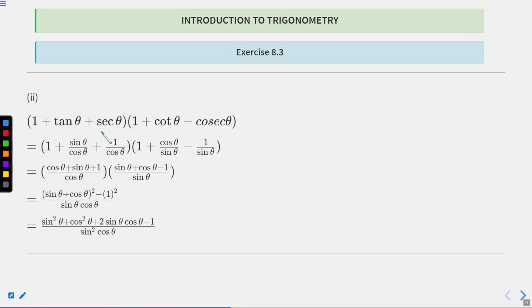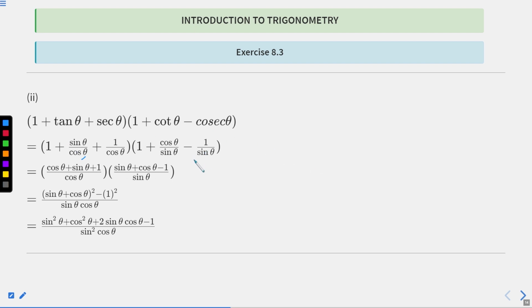So here 1 plus tan theta plus sec theta into 1 plus cot theta minus cosec theta is equal to 1 plus sin theta by cos theta. Why this? Because tan theta is equal to sin theta by cos theta, you know that. So 1 plus sin theta by cos theta plus 1 by cos theta, since sec theta is 1 by cos theta, times 1 plus cos theta by sin theta, since cot theta is equal to cos theta by sin theta, minus 1 by sin theta, since cosec theta is 1 by sin theta.